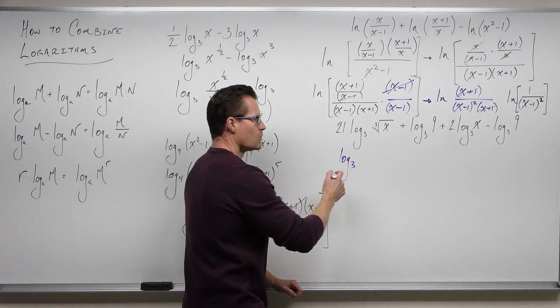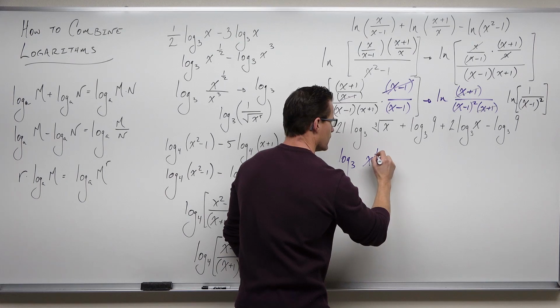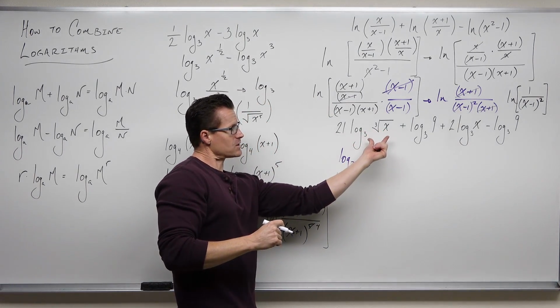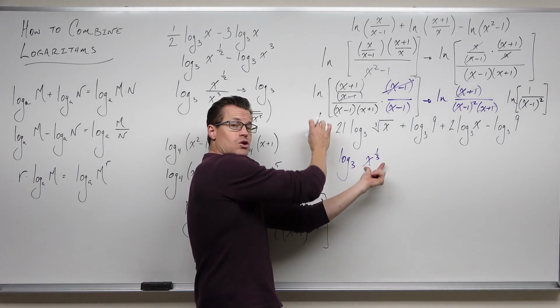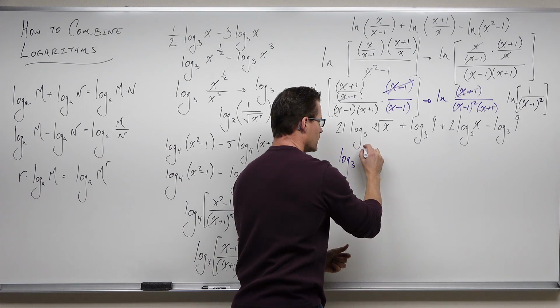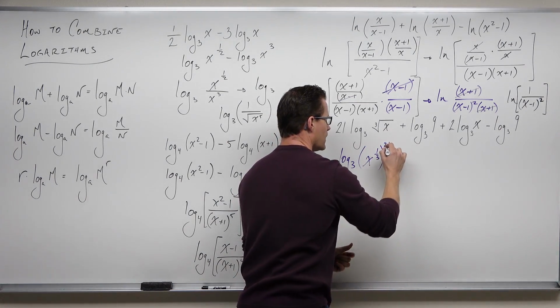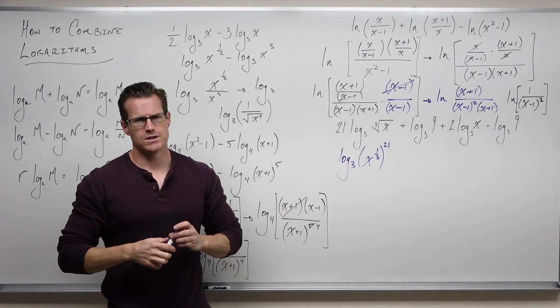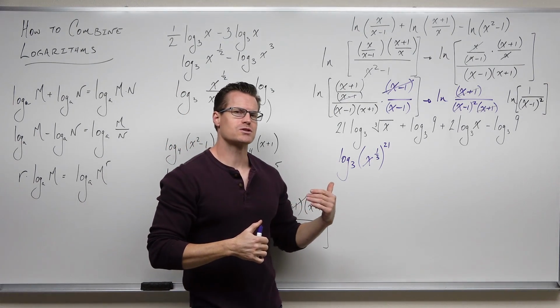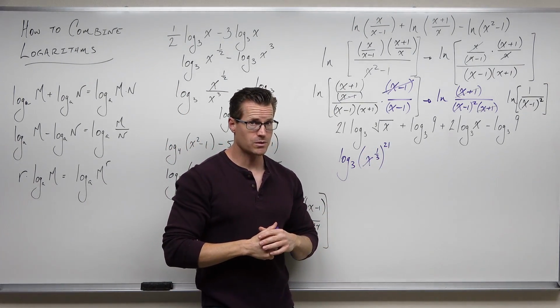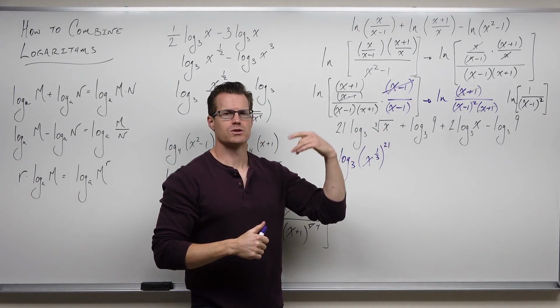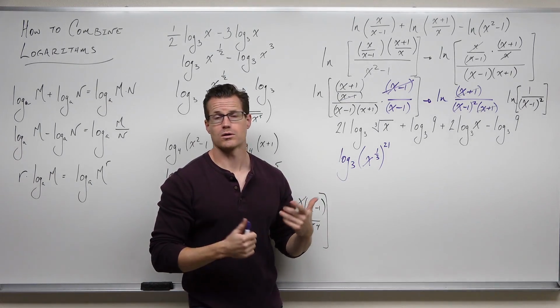Let's write that as x to the 1/3 power. So this is x to the 1/3 power, but when I take that 21 as an exponent, now hopefully you see what I'm saying. It's a little bit nicer to think of 1/3 times 21 than a cube root to the 21st power. That's a little bit more awkward for some people.